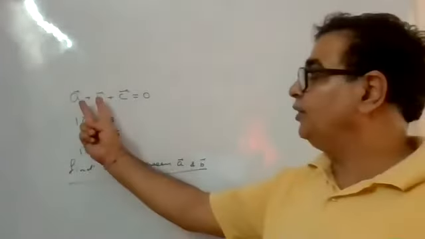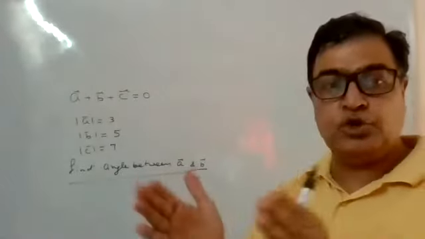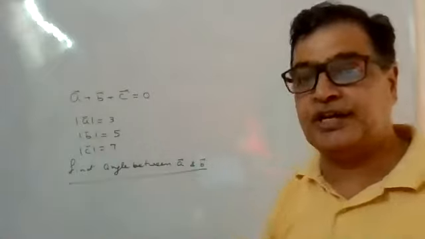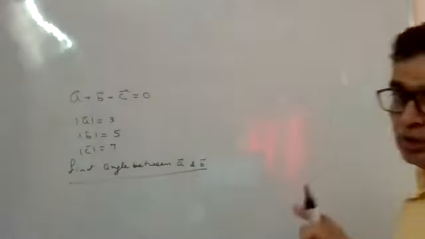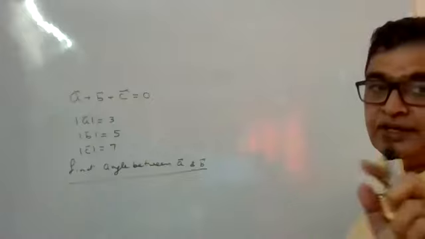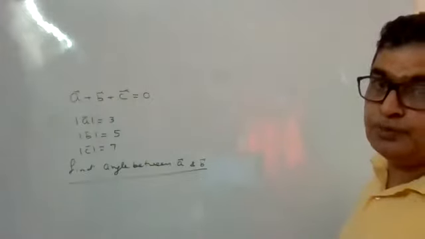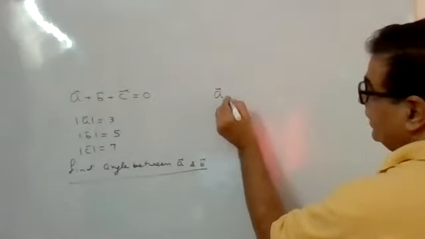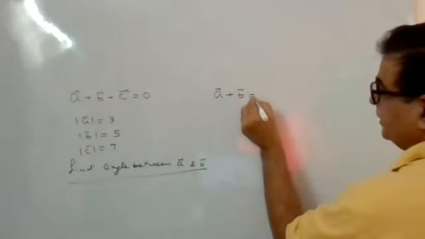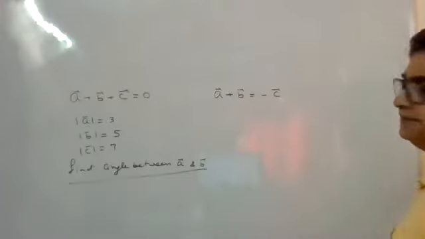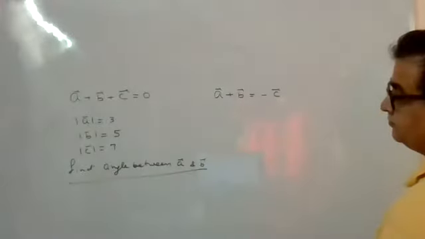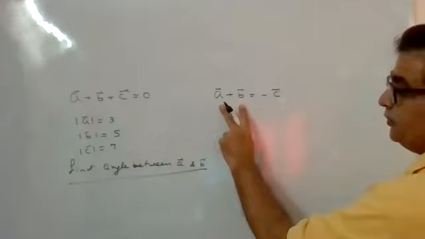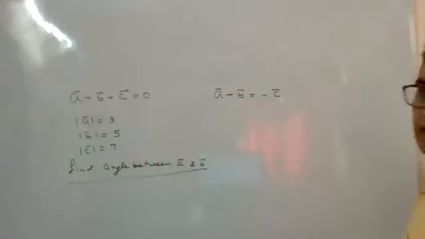If you want the angle between A and B, it means A and B should be on one side and C should be shifted to the other side, because the formula for the angle is cos theta is A dot B by magnitude A magnitude B. C should not come in it. What I do here in this case, A plus B is minus of C. If you want the angle between B and C, you keep B and C here and shift the rest.